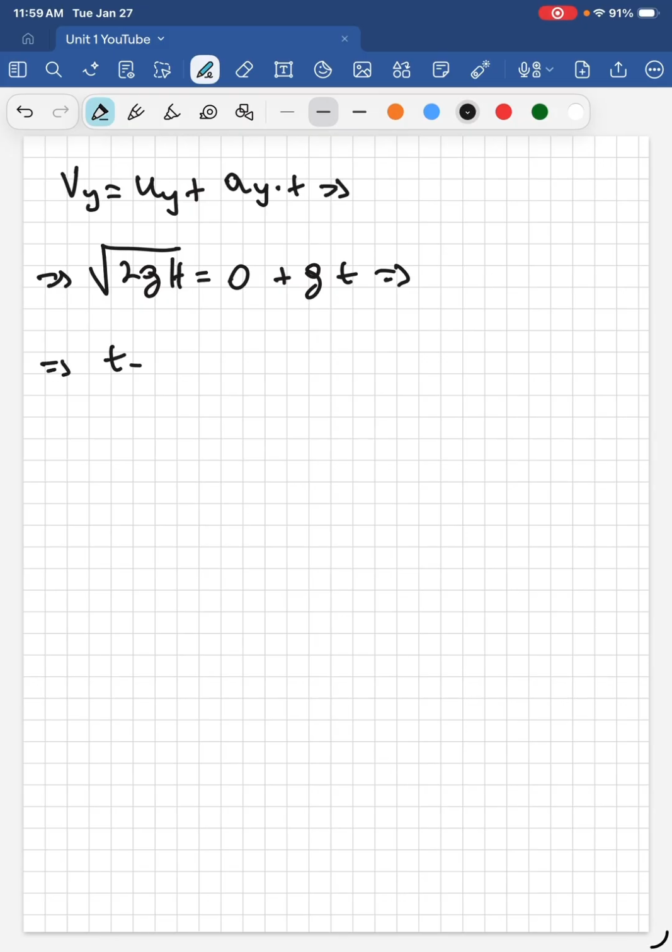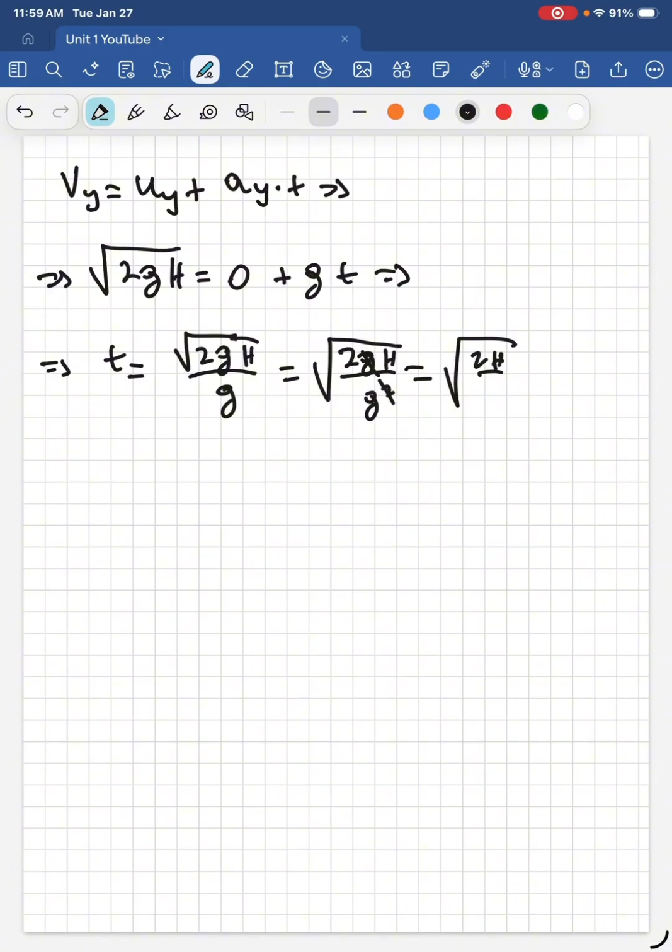So the time needed for this motion to take place is the square root of 2gh over g. We can pull the g in the denominator into the square root by squaring it, right? G squared. So the time needed will be the square root of 2h over g.